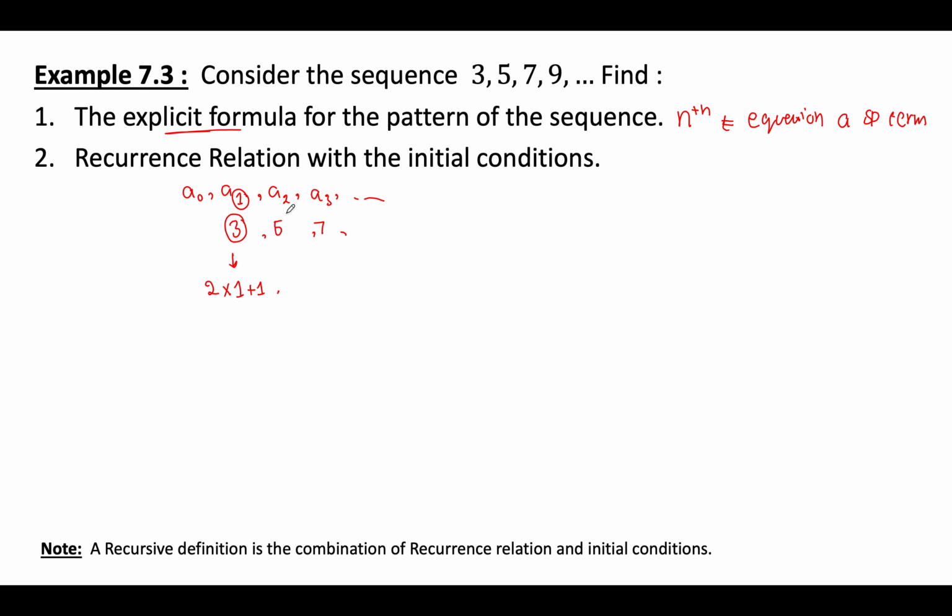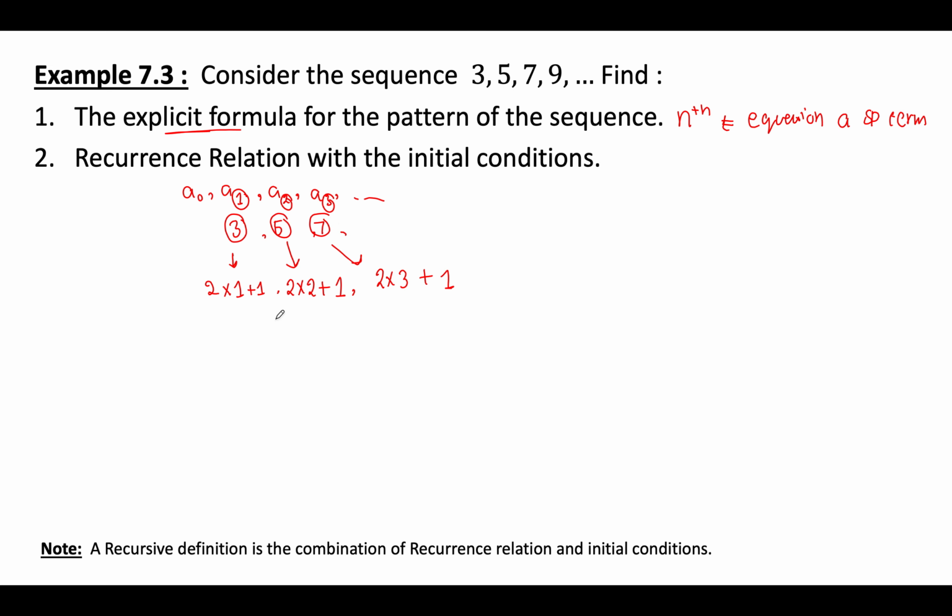Okay, let's see here, 5 and 2 is equal to 2 times 2 plus 1, and here we got 5. If we check here, 7 and 3, what is the relation between them? If I multiply 2 by the position, which is 3, and then add to it 1, it will give me the value of this term.